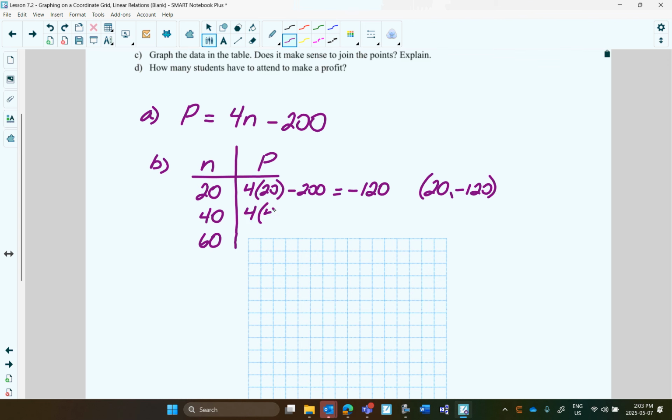4 times 40 minus 200. Still in the negative, still not making some money. What about if 60 students come?